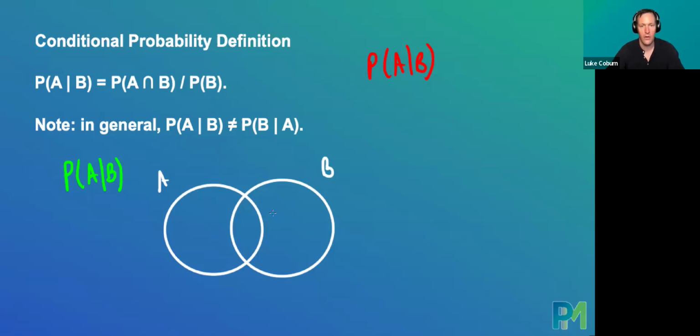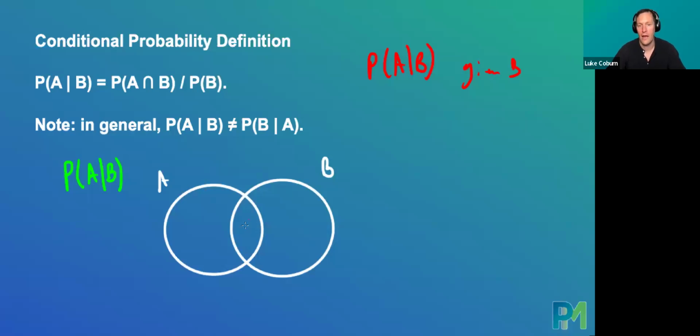Okay, but the probability of A given B. See, we've been given, this is the crucial thing, given B. So we know that it's landed inside of this hula hoop, this drop of water, right? So we know that we're inside of this one here. Now, what's the probability of A given B? Well, given that that raindrop has landed inside of this hula hoop, what's the probability that it's also landed inside of the other hula hoop?